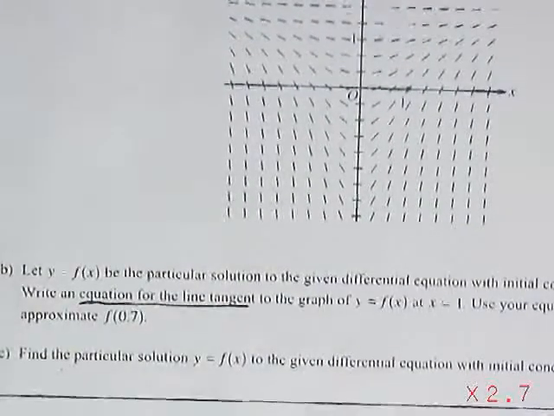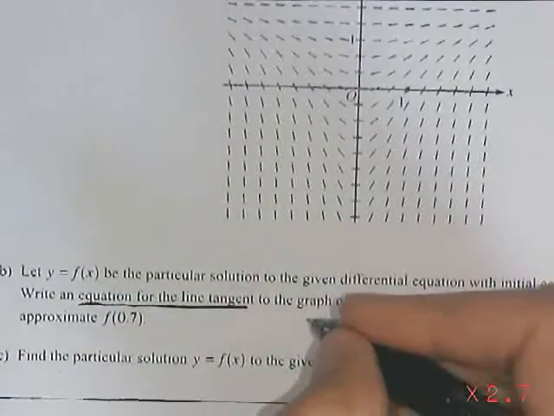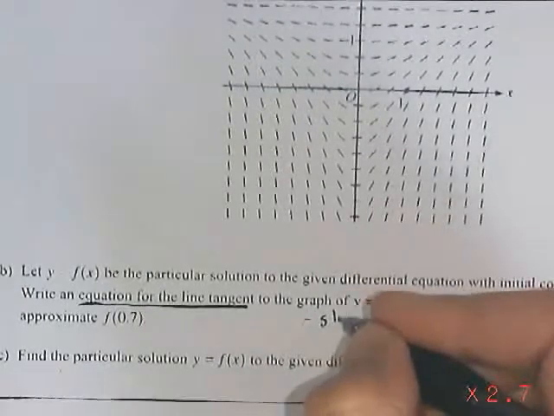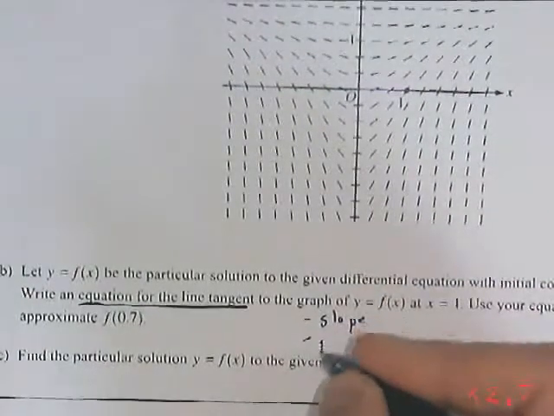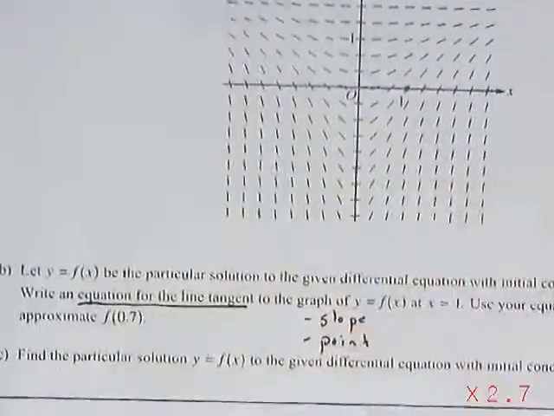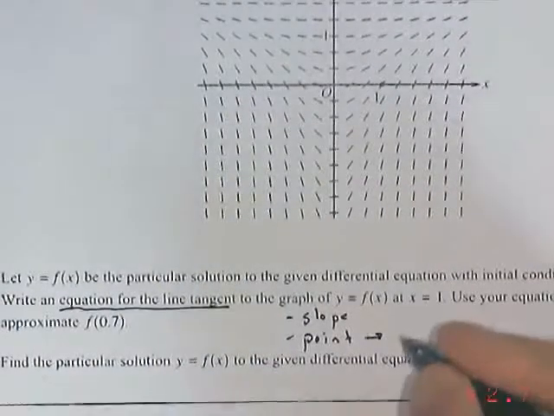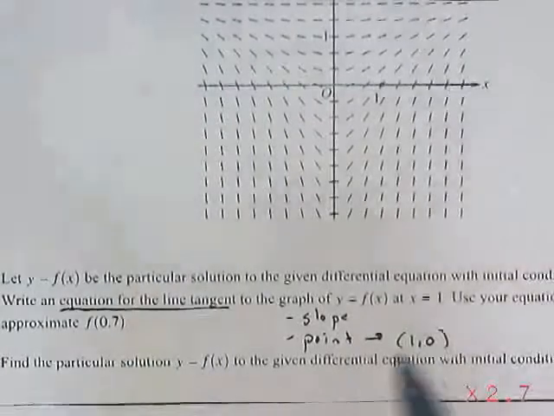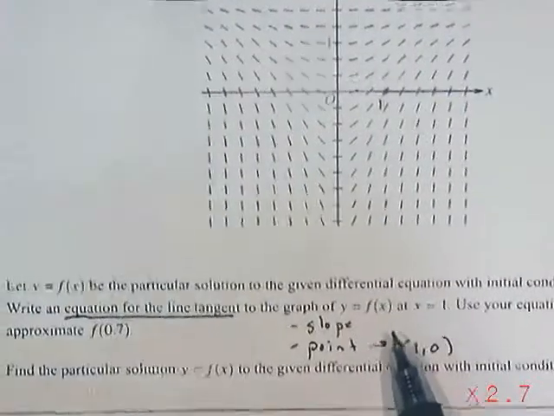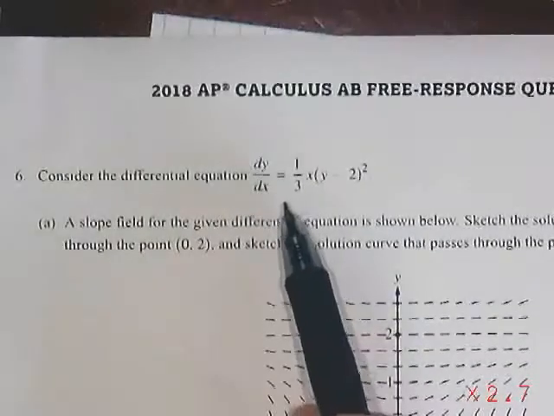If we want the equation of a line, we need two things. We need a slope, and we need a point. Well, we've got the point. F of 1 is 0, so that means 1, 0 is our point. The slope, well, we can get the slope because they gave us the differential equation.